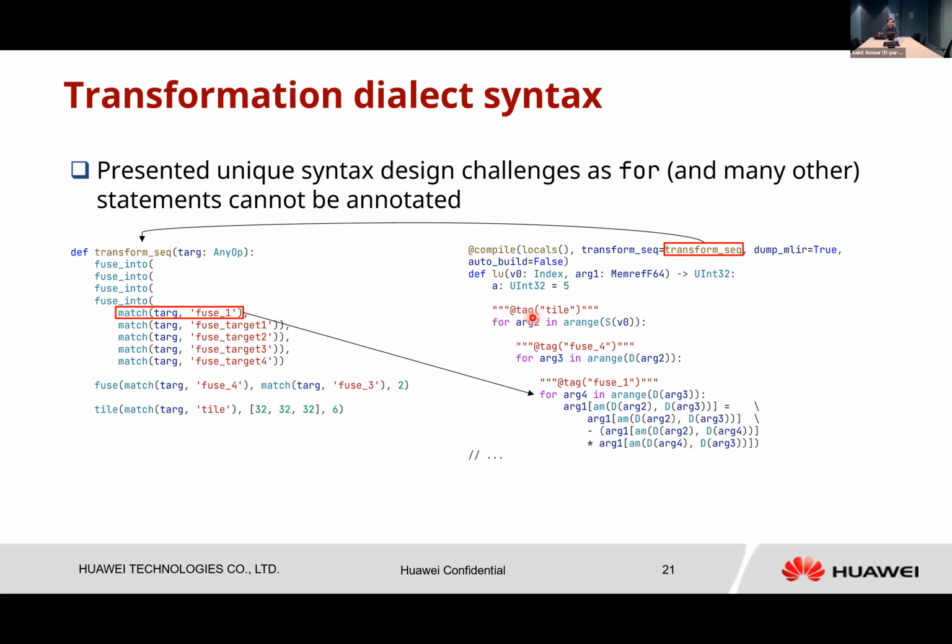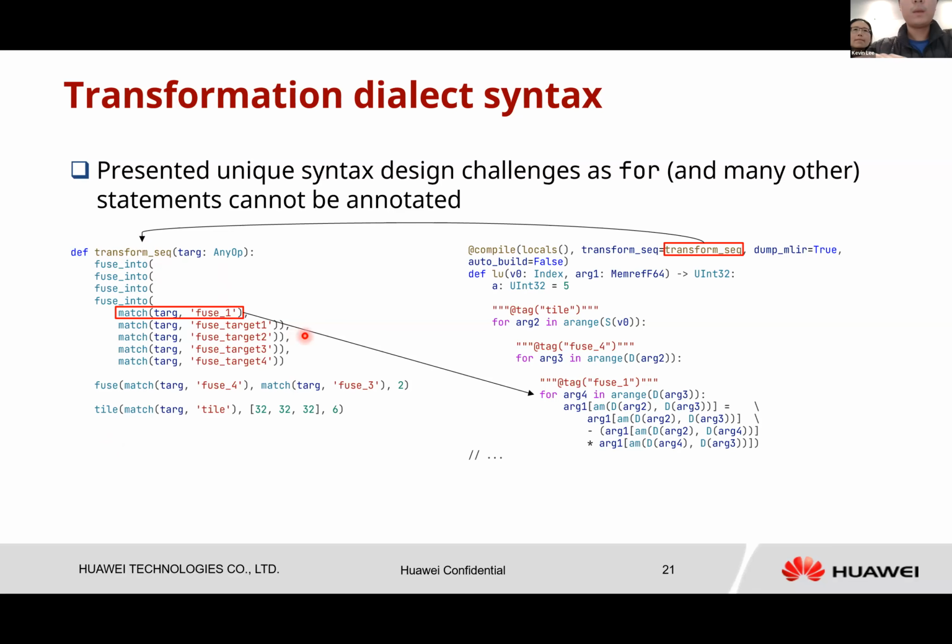I'm trying to see if it's the same with a different syntax. Is it completely different? Is it something that we want to put upstream? My specific question is, I see match, target, fuse. How does it look in the MLIR? When you run the transform interpreter, what does it actually look for?